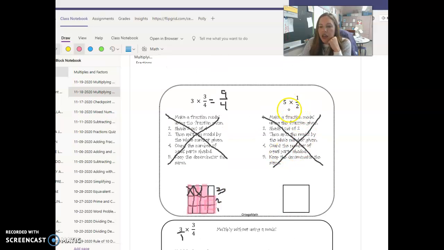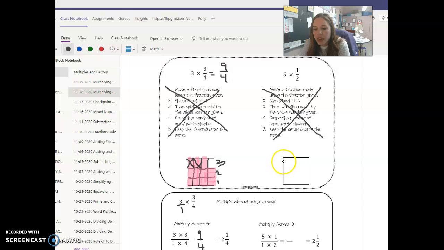Let's look at our other example, 5 times 1/2. Well, let's do the same thing where we are going to break our model into 5 equal groups. So we would need to draw 4 lines.